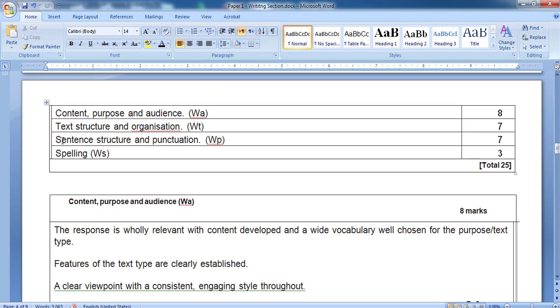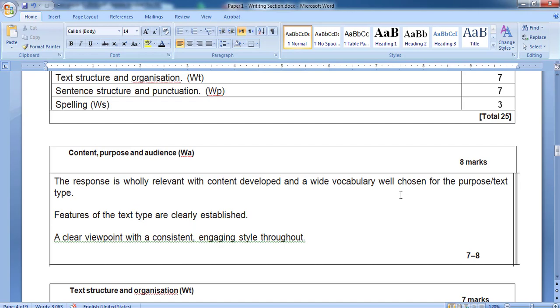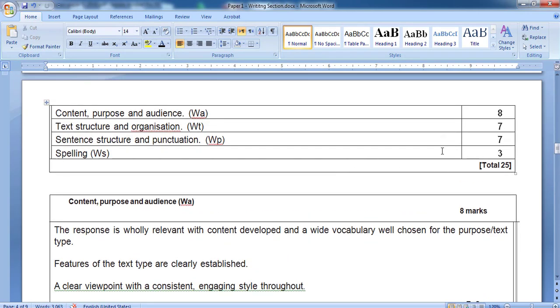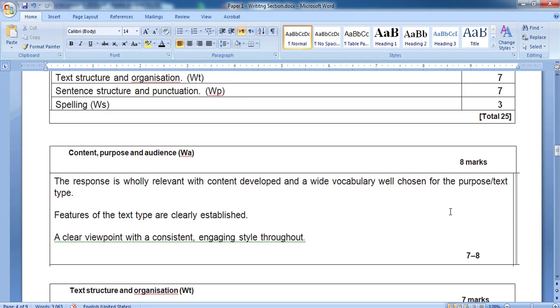Text structure and organization, they will give 7 out of 25. Sentence structure and punctuation, it's 7 out of 25. Spelling, which is 3, and in total you will have 25 marks. Okay, this is 25 for writing and 25 for reading, so you will have 50 for paper 1 and 50 for paper 2.